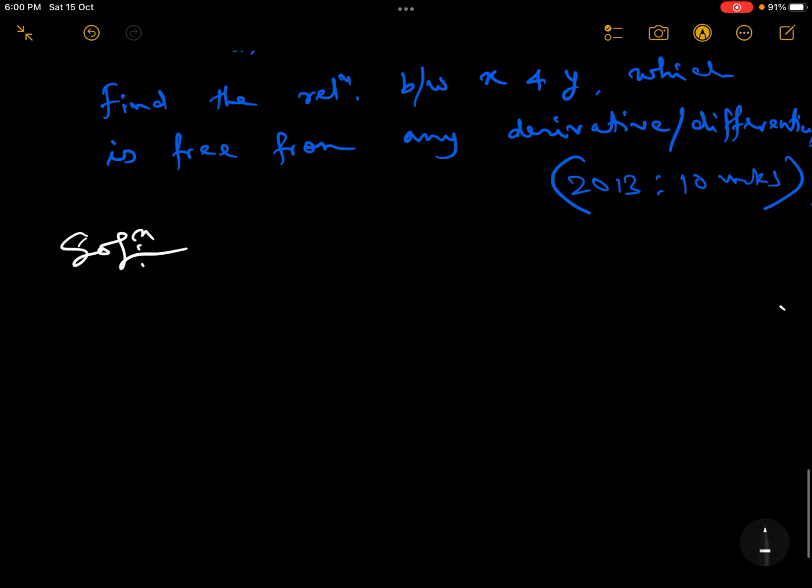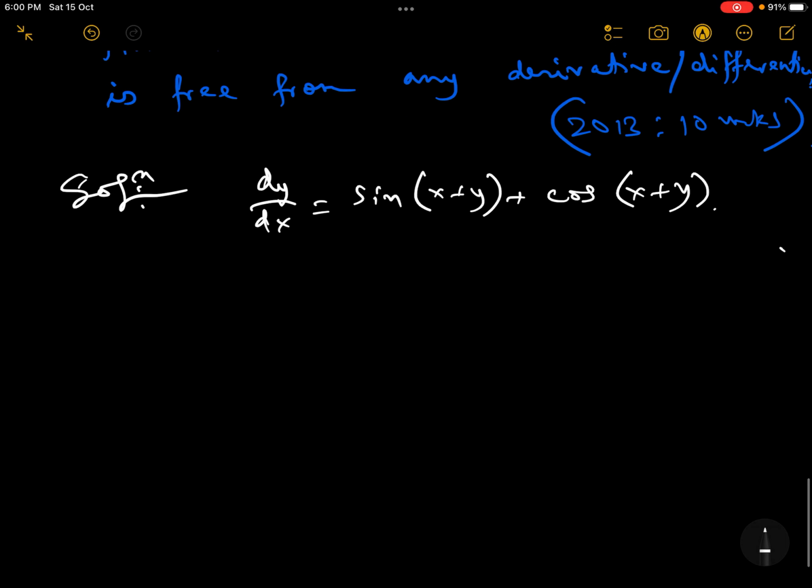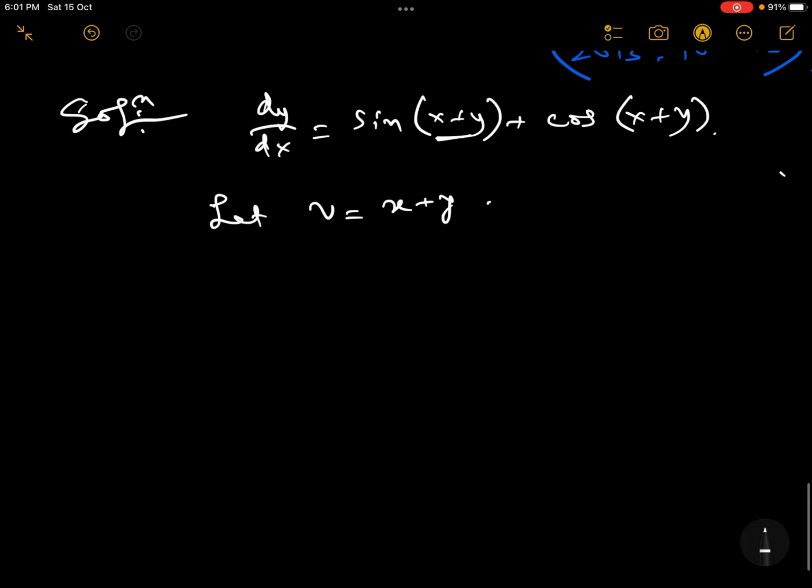Solution. It is given that dy by dx is equal to sine of x plus y plus cos of x plus y. Let us substitute x plus y as v. Let v equal x plus y. Differentiate it with respect to x. dv by dx will give 1 plus dy by dx.